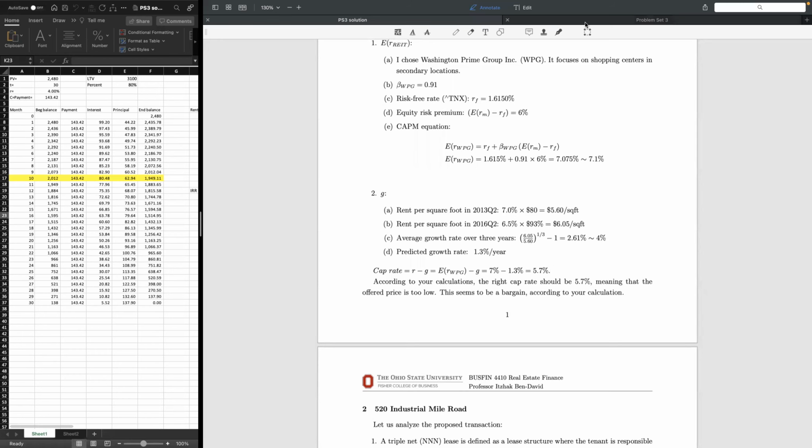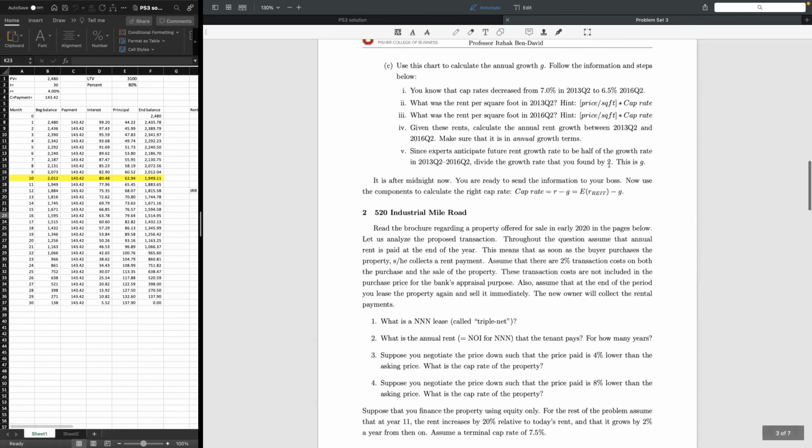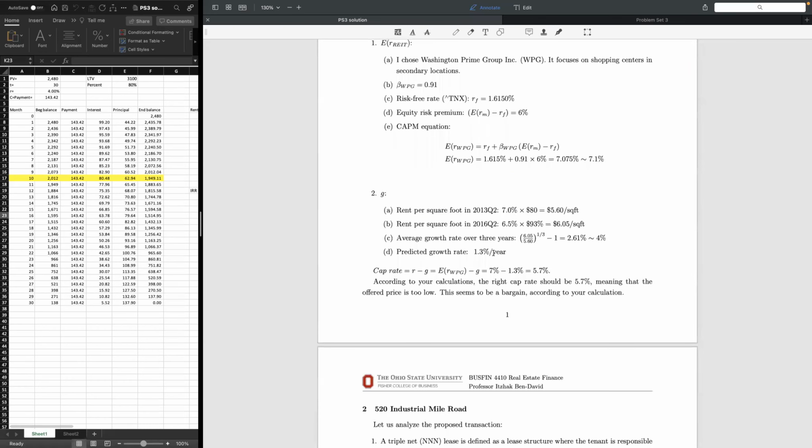Then you get the growth rate, and the next question is, you're gonna calculate the cap rate, which is expected rate of return minus the growth rate. It's just 7% minus 1.3%, which is 5.7%.